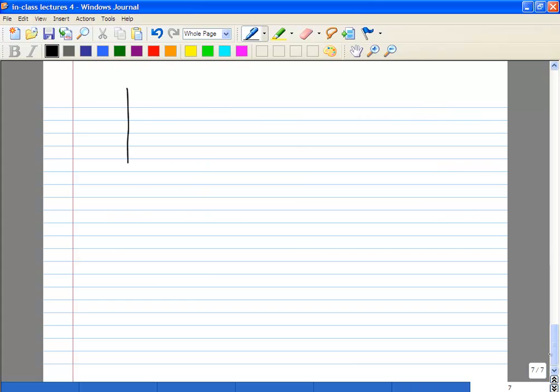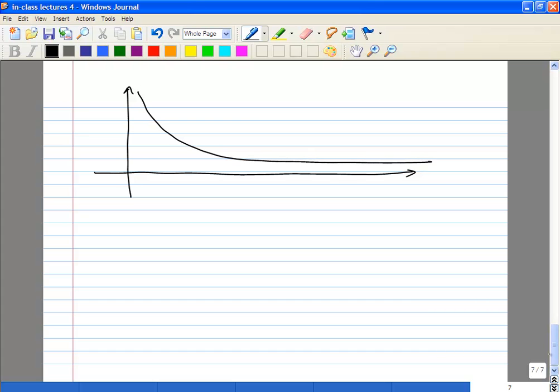So what this means is, in general your noise profile is going to look like this, versus omega. So let's say here are omega naught, 2 omega naught, 3 omega naught.